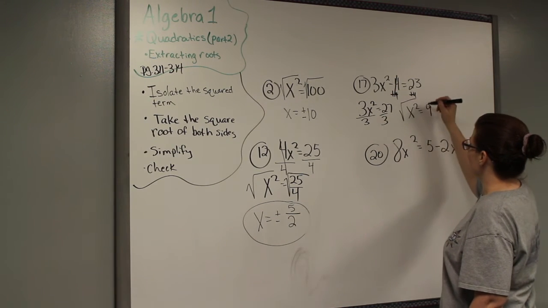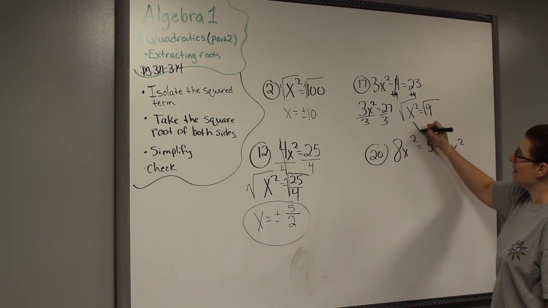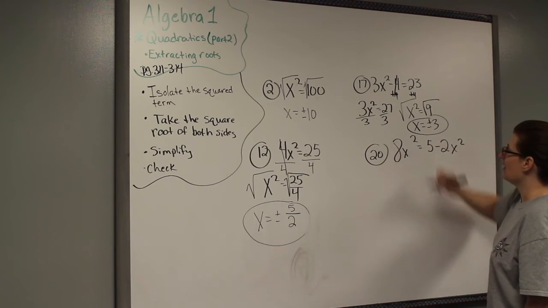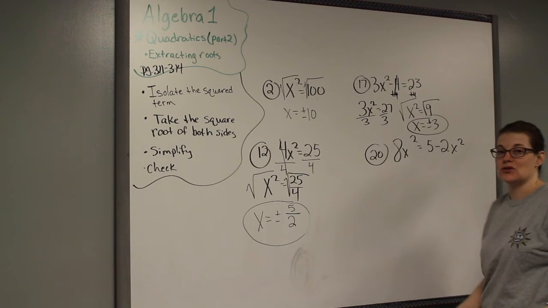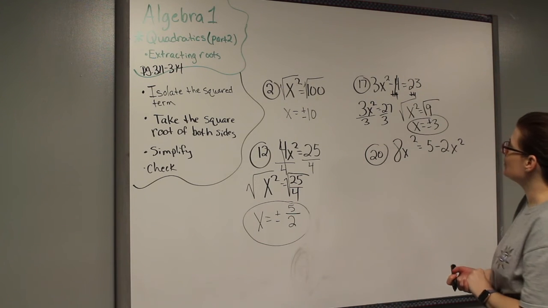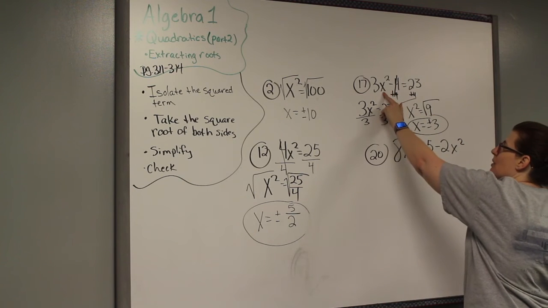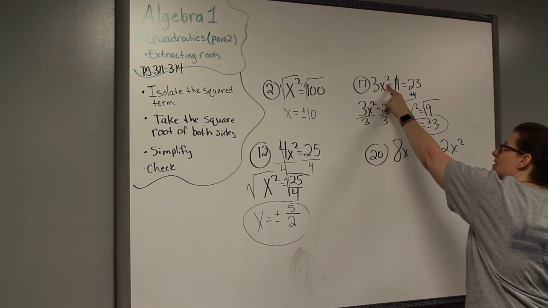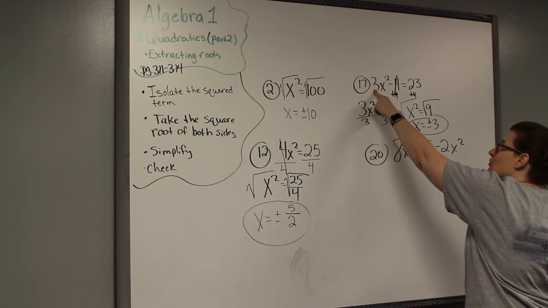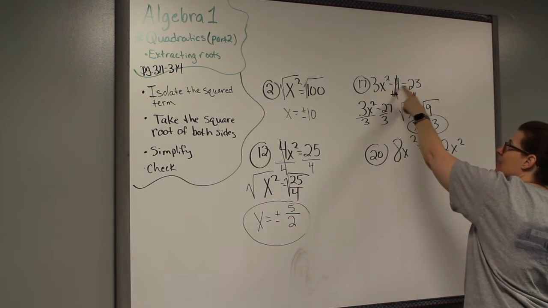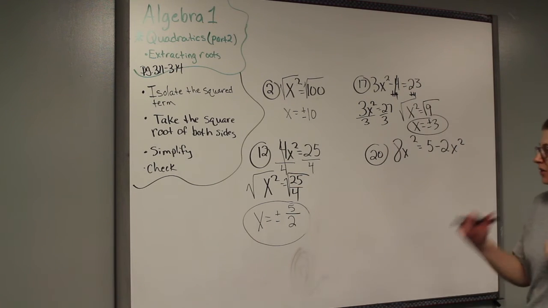And then I take my square roots. X equals plus or minus 3. Okay, the square root of 9, you can use your calculator if you don't know those square roots. It's 3, so if I went back into my original problem and I put a 3 there, 3 squared is 9. 9 times 3 is 27. 27 minus the 4 is 23. So we are checked there.